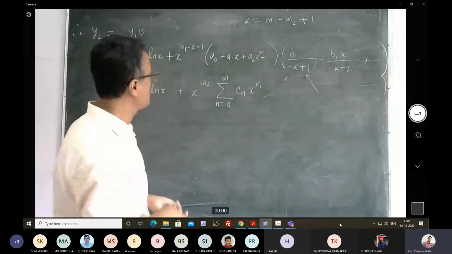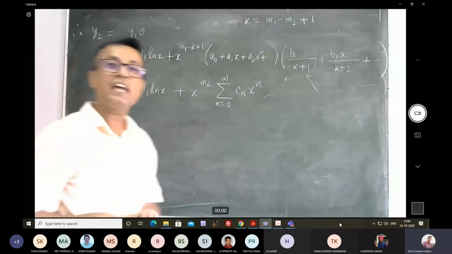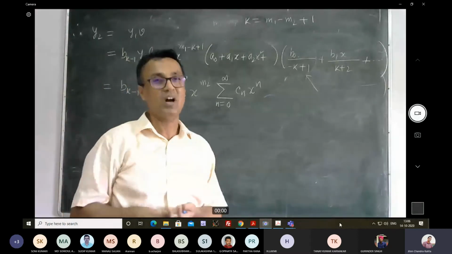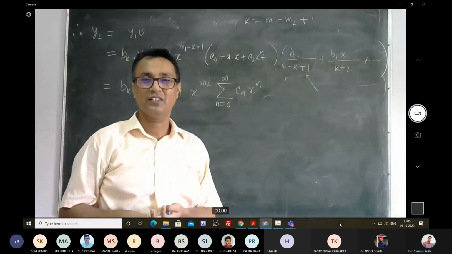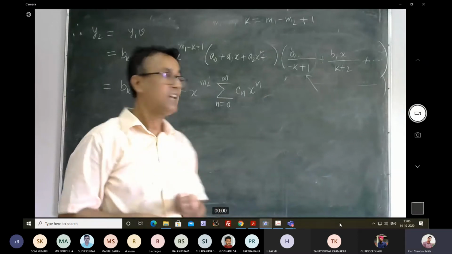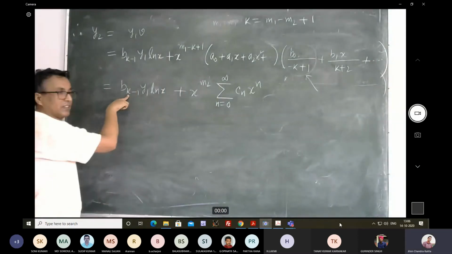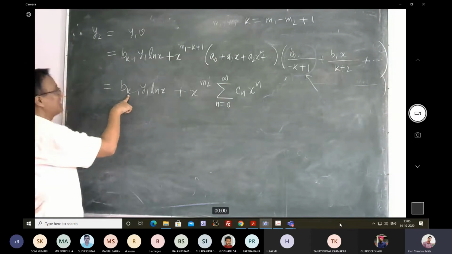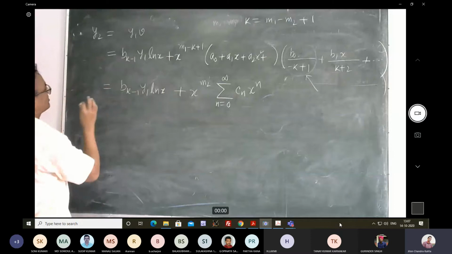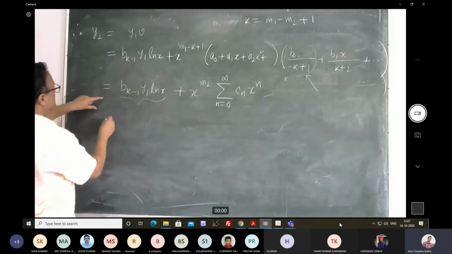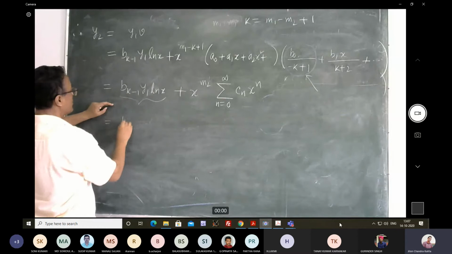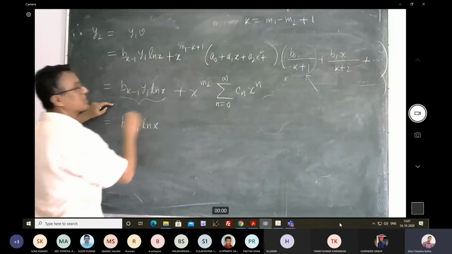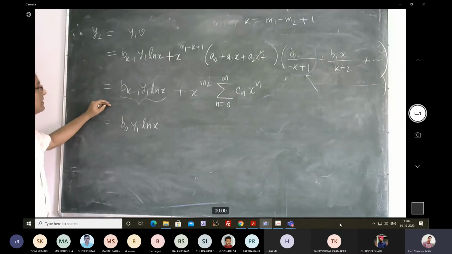So now you simply look at when M1 equals M2. In that case, your K becomes equal to 1, isn't it? Is it okay? So then this term is going to give me B naught, your Y1 ln x, B naught.